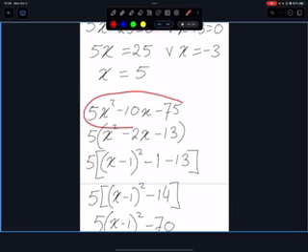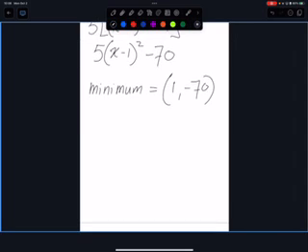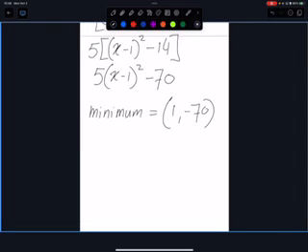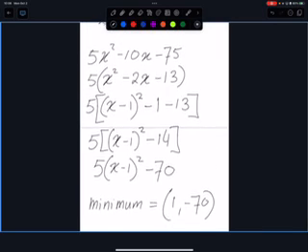Here, because it's a big one. 75 divided by 5.